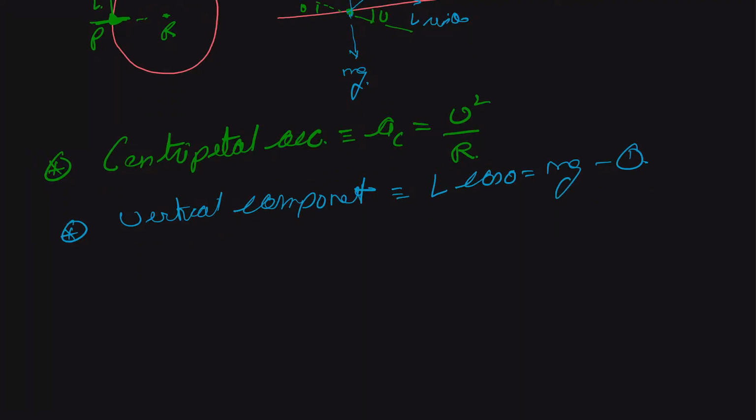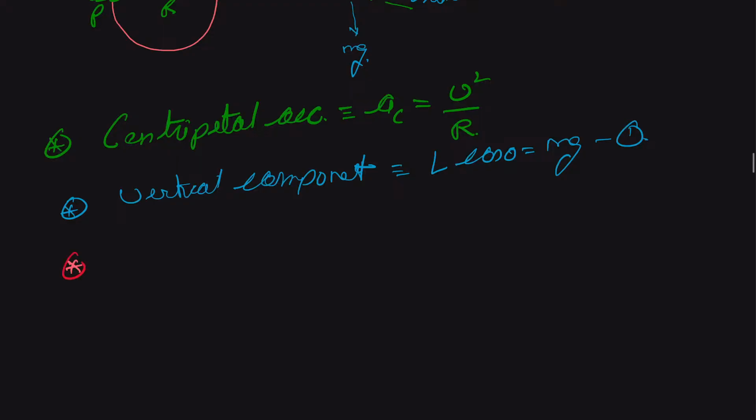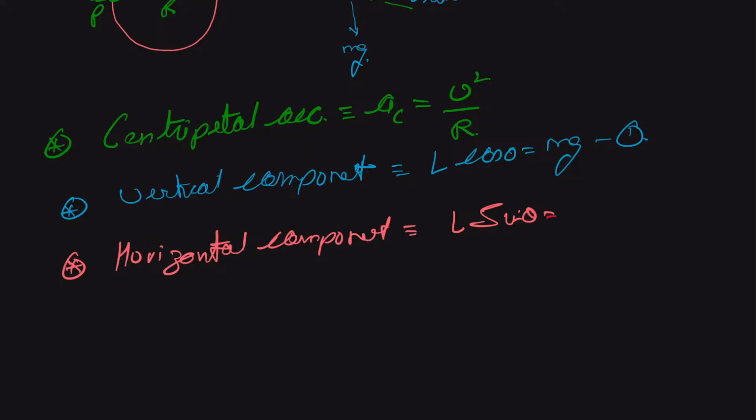And then our horizontal component provides the centripetal force. Therefore we can write L sine theta will be equal to m v squared upon r, and this is equation number 2.